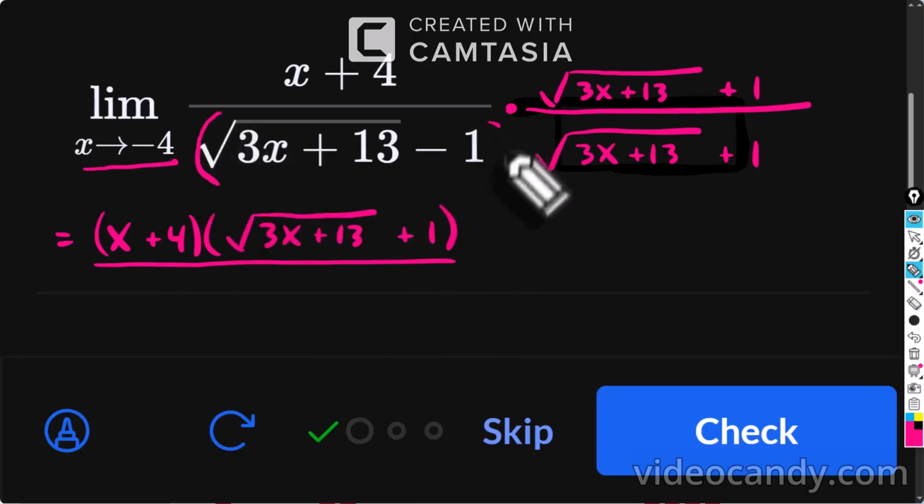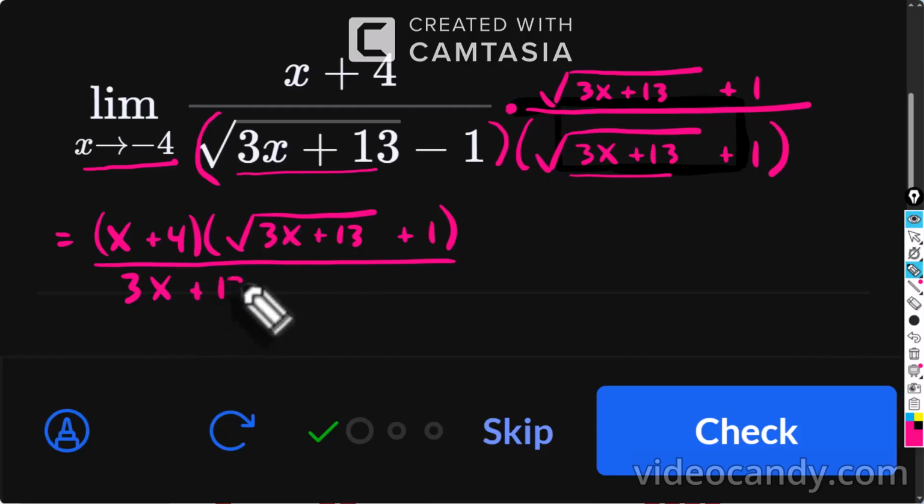Okay, we have this times this. We're just multiplying denominators. So the first term, radical 3x plus 13 times radical 3x plus 13, you just remove the square root. That's 3x plus 13. Remember, we said it before.